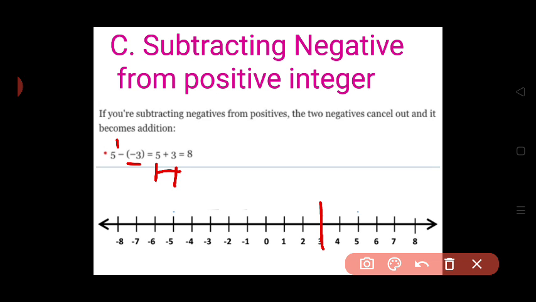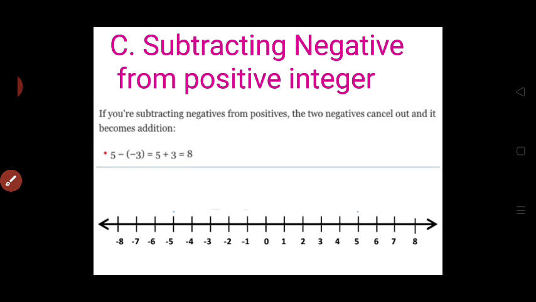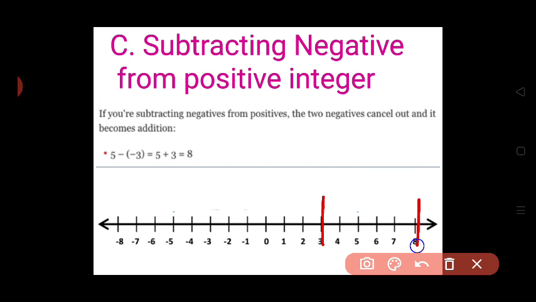So let's do 1, 2, 3, 4 and 5. So 8 is the answer. How do we represent it using arrows? 3, 8, like this. We need to move from 3 to 8 by 5 steps.